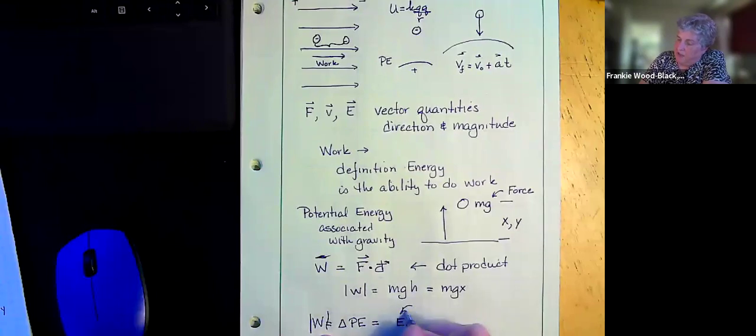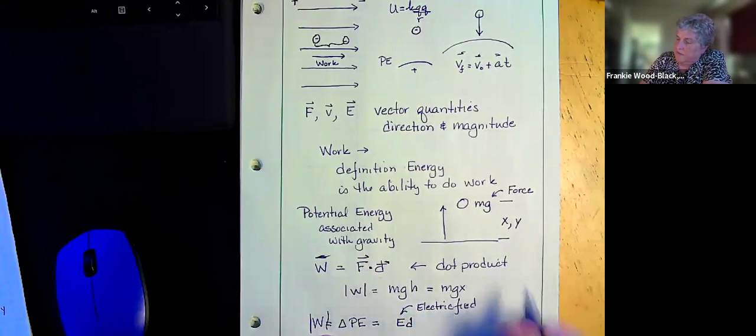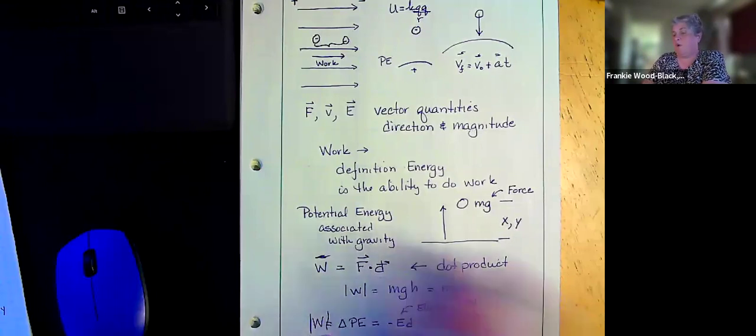This is my electric field times my distance. And we end up with a negative here, because we're going to this part.